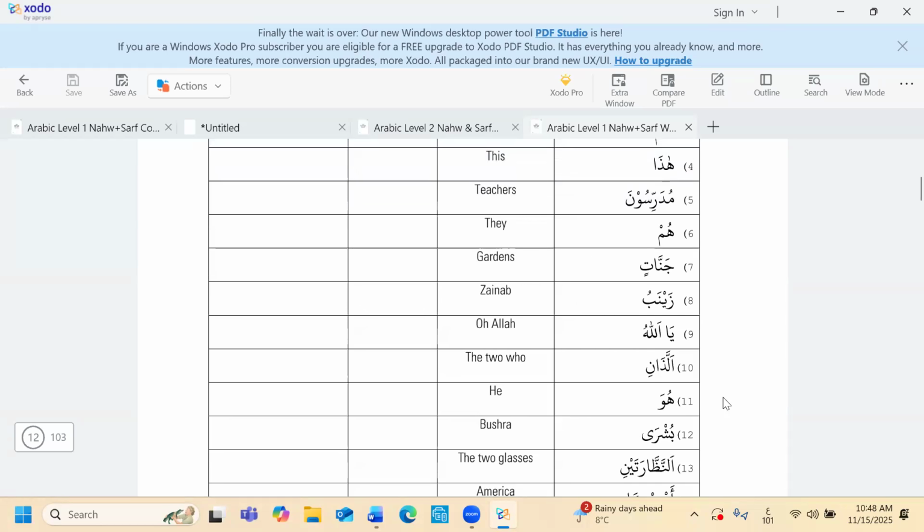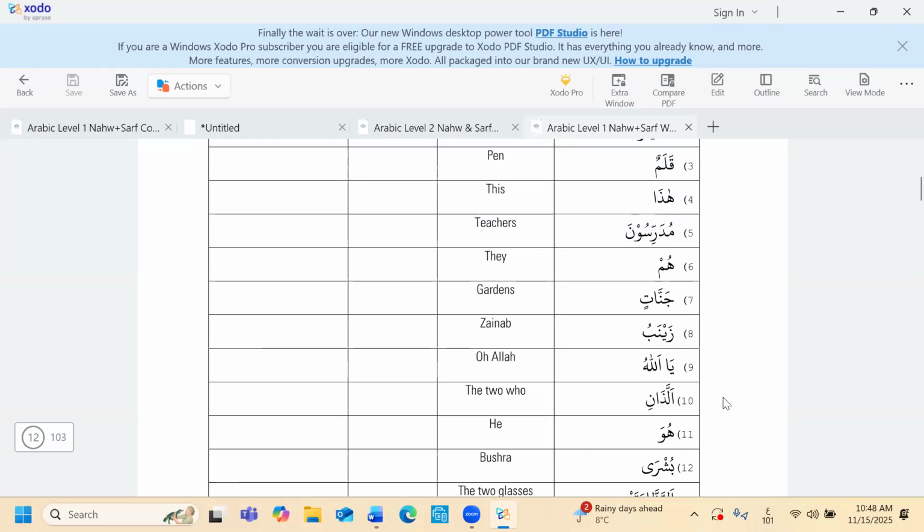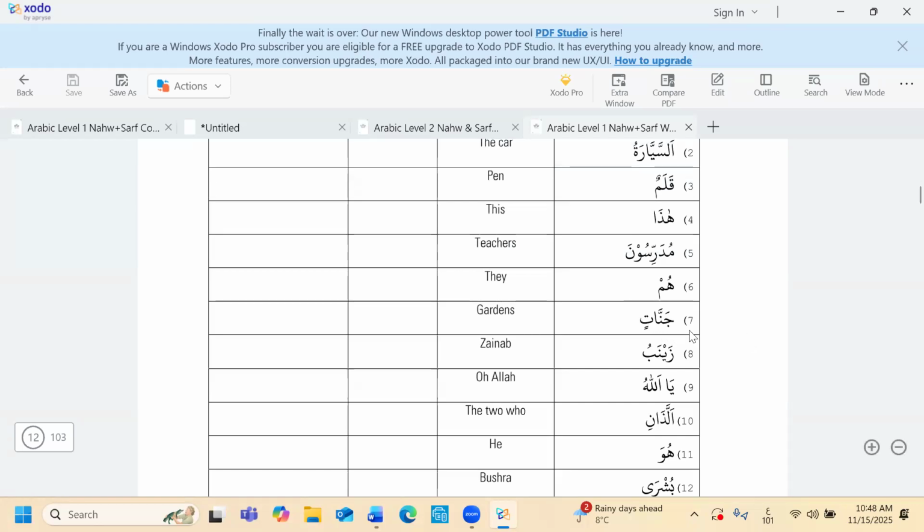And let's just do one more. Jannatin, number 7. Is it definite or is it indefinite?